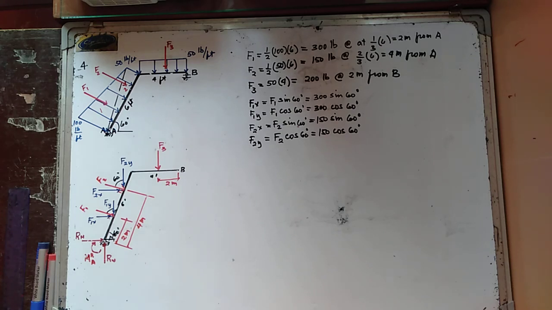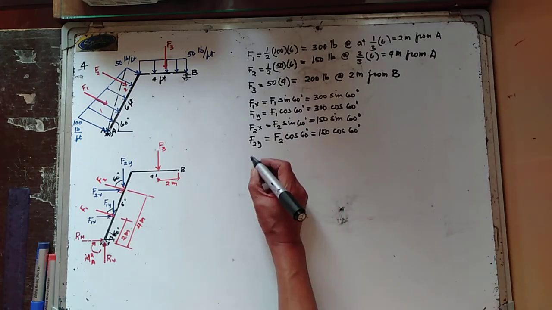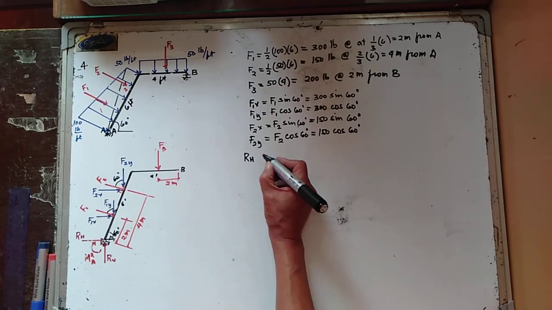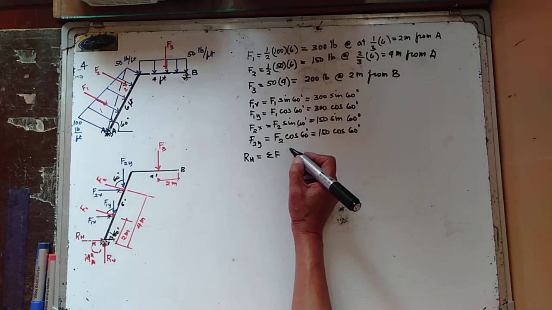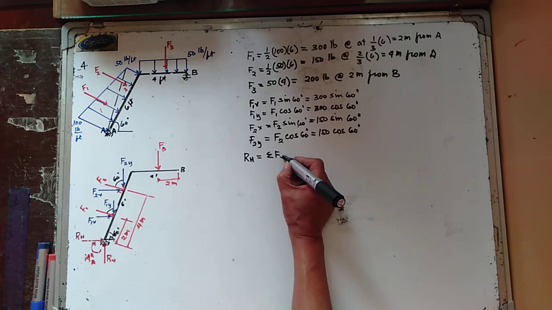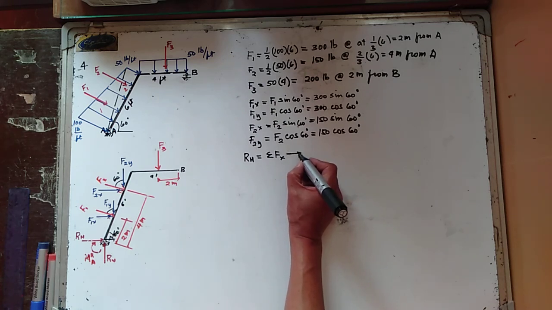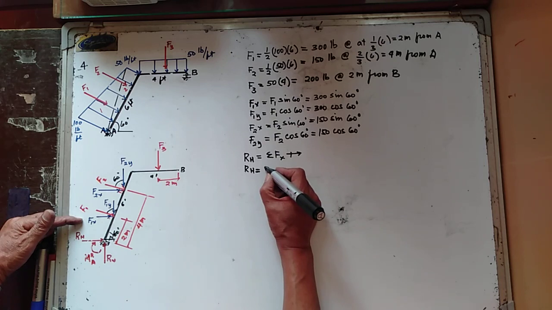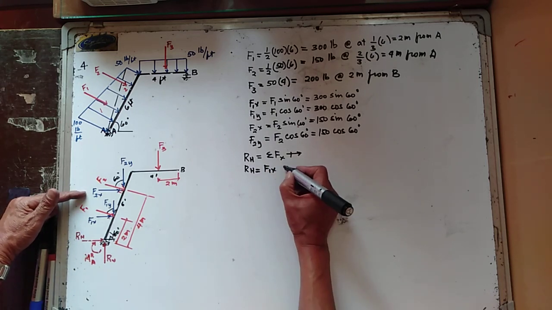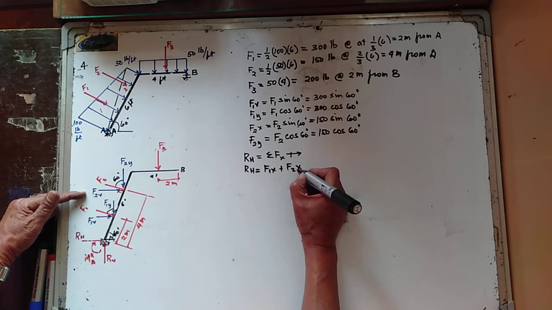So, we are now ready to determine the horizontal and vertical components of the resultant force. So we have R horizontal is now equal to the summation of forces in the horizontal direction, considering forces to the right positive. So your RH is now equal to F1x plus F2x.